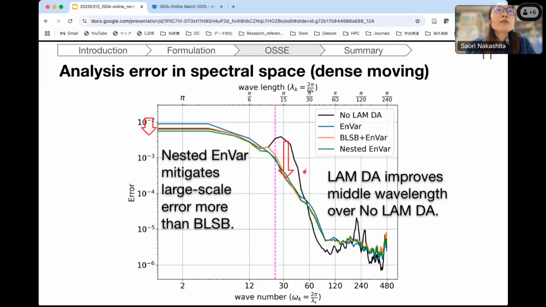At the middle wavelengths, the LAM-DA impacts are shown compared to NoLAM-DA. So nested EnVar takes advantage of the large-scale error mitigation by LSB and the middle wavelength improvement by LAM-DA, leading to the best performance among the other DA methods.